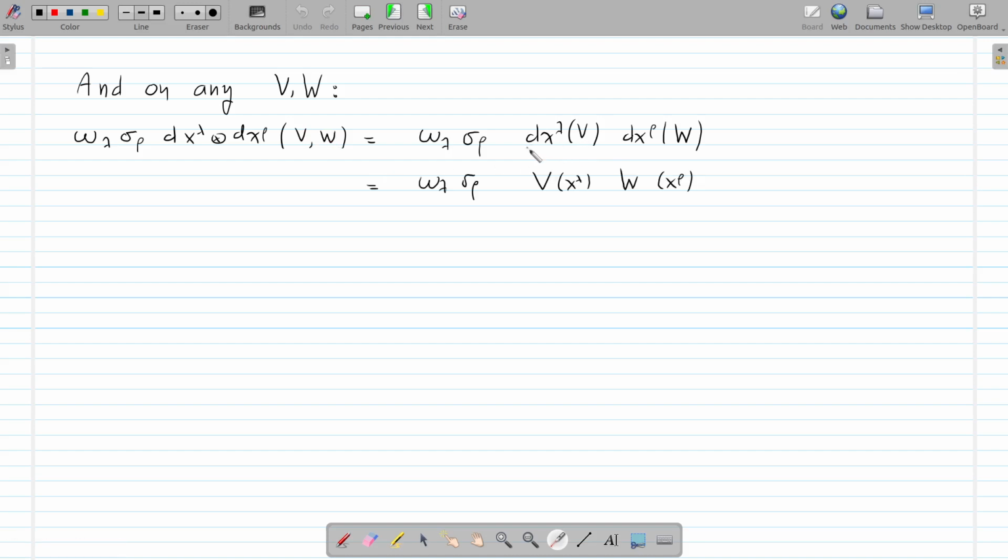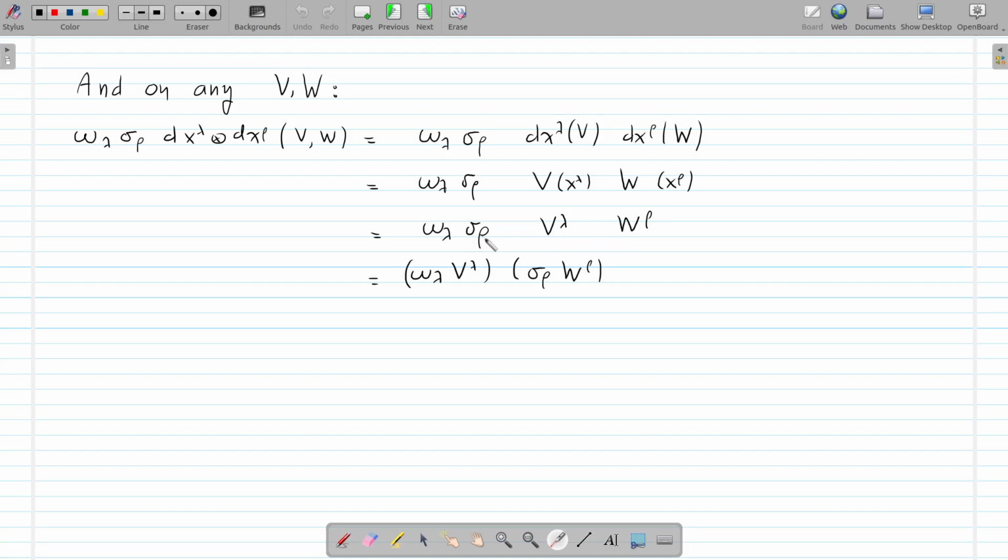But the action of the gradient of a coordinate function on v is nothing but v acting on the coordinate function. That is the definition of the gradient. And we know that when v acts on a coordinate function, it gives us back the component of that vector in that coordinate system. And similarly happens with the vector w here.